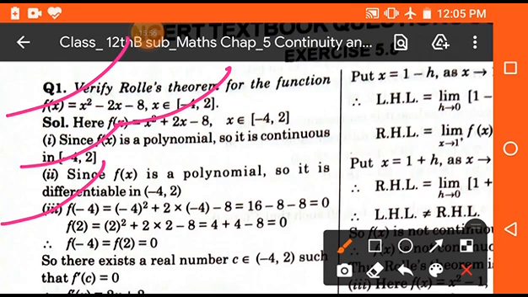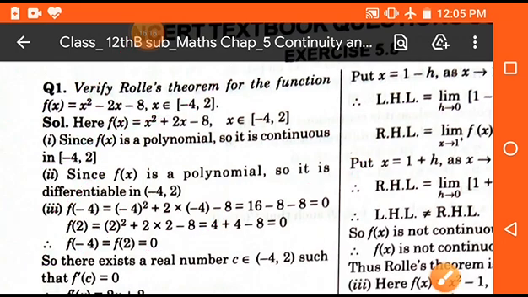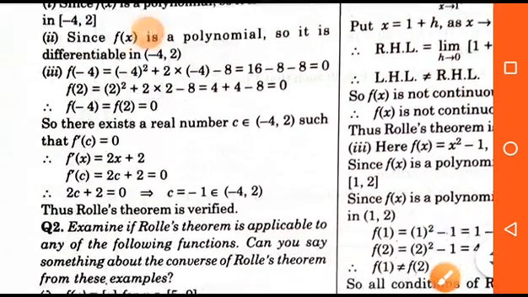First of all, we will find f of a, meaning f of minus 4, it will be 0. In the same way, f of b, that means f of 2, will also be 0. So we see here f of a is equal to f of b, and there exists a point c between the given interval minus 4 comma 2. So we have to find the value of c, and if the value of c exists between the given interval, then this theorem is verified.